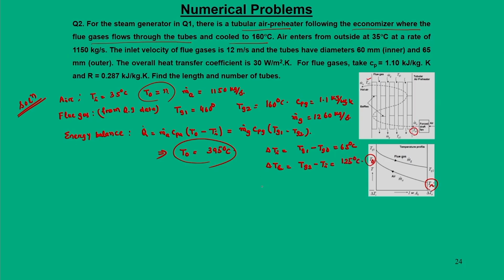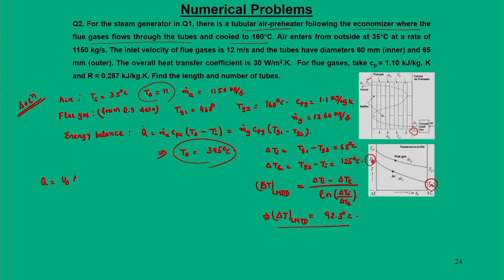So, you can say delta T LMTD is equal to (delta Ti minus delta Te) divided by ln (delta Ti by delta Te). By inserting the values we get delta T LMTD is equal to 92.3 degree centigrade.